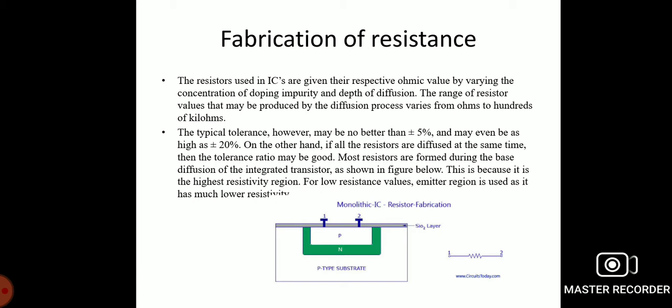The sheet resistance of the diffused region can be increased by narrowing down its cross-sectional area. This type of resistance is normally achieved in the base region. It can give resistance of the order of megaohms in a comparatively small area in the structure.